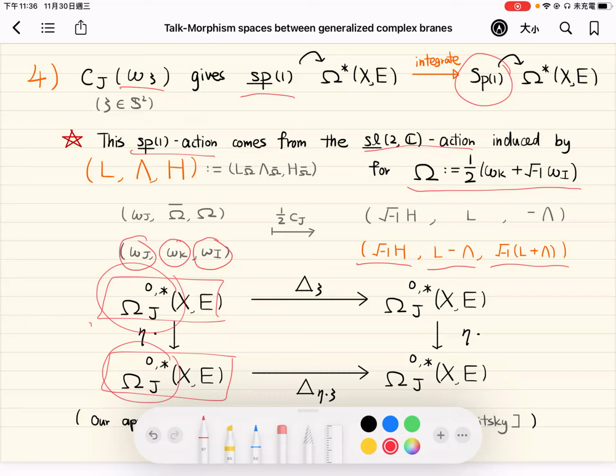For each particular element in this S2, you pick up the zero star forms for that particular J. And the SP1 will move that around and also move the corresponding Dirac square operator around. Okay, thank you.